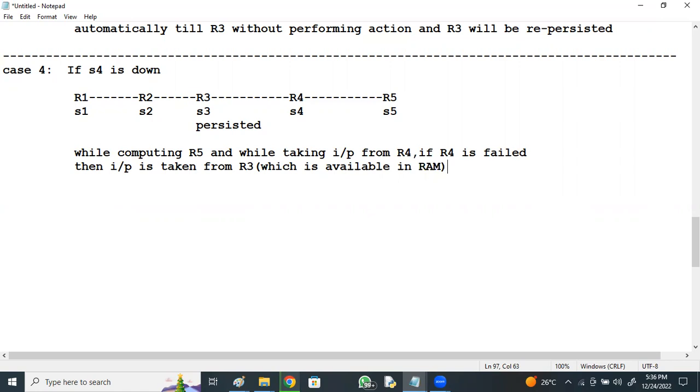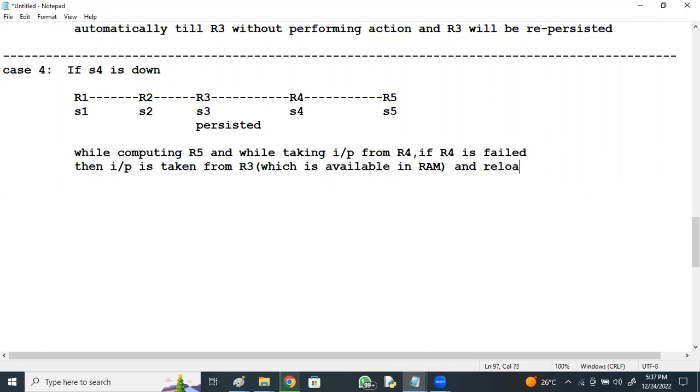Vijay, if it is not persisted, then what is the case? If it is not persisted, it should start from the beginning. Again R1, R2, R3, R4, everything needs to be recomputed.